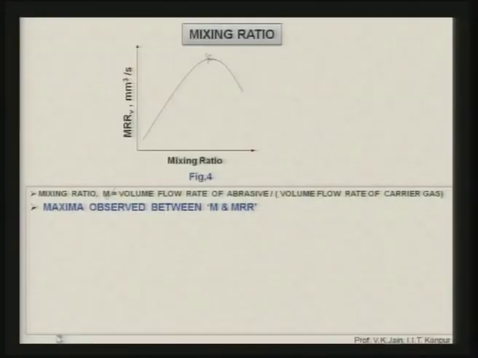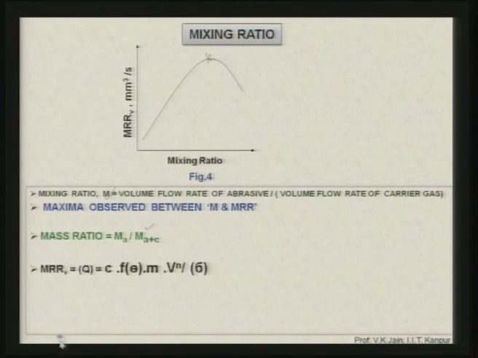This we have discussed earlier also in some sense. Maxima is observed between M and MRR. There is another term known as mass ratio, given by MA divided by MA plus MC, where MA is the mass of abrasive particles and MA plus MC is the mass of abrasive particles plus carrier gas. Now, there is an empirical formula.